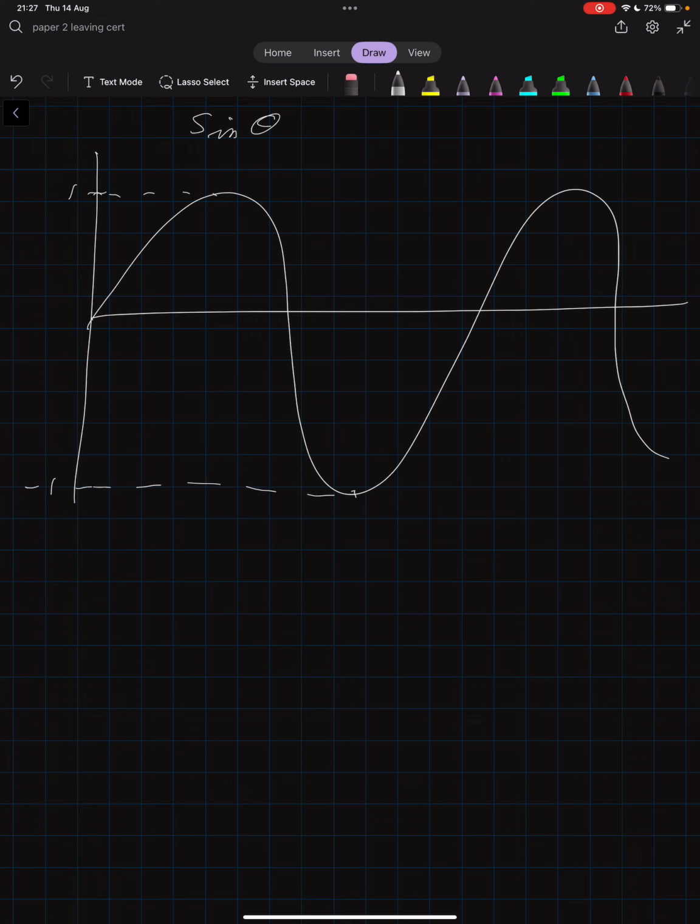So sine always goes from plus 1 to minus 1. This is pi, this is 2 pi, this is 3 pi. It reaches a maximum at pi over 2 and a minimum at 3 pi over 2.